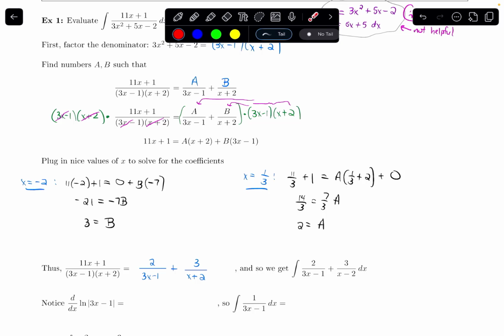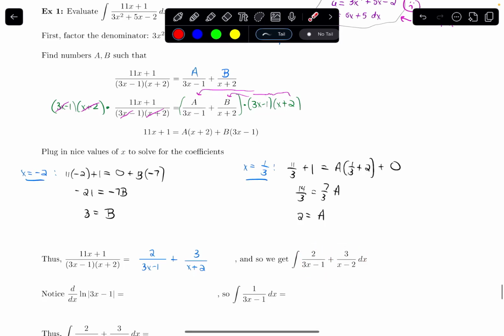So I like this. I know, in fact, that the antiderivative of each of these terms will involve an ln. And looking at this first one, if I ignore this 2 for just a second and imagine that there was just a 1 on the numerator, it kind of seems like this antiderivative should be ln absolute value of 3x minus 1. That's not quite right, but let's start by investigating that.